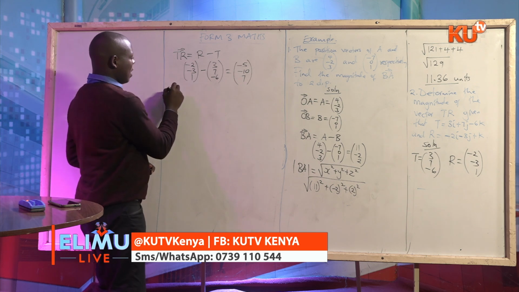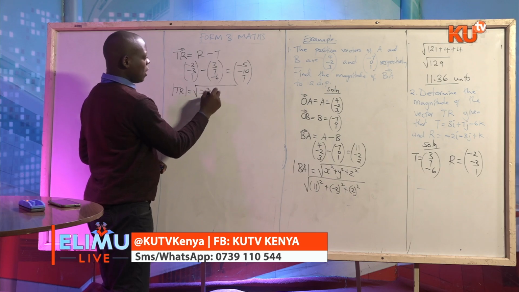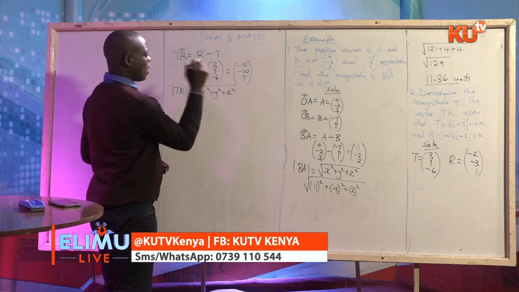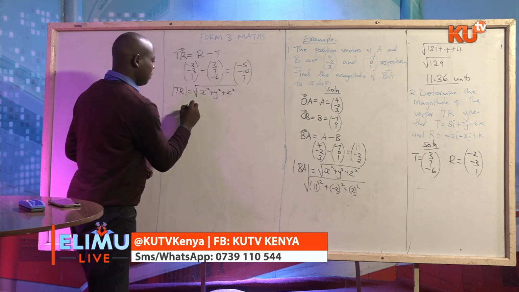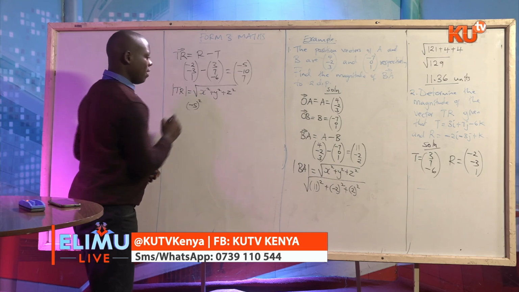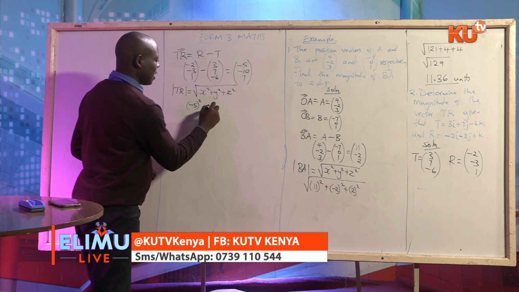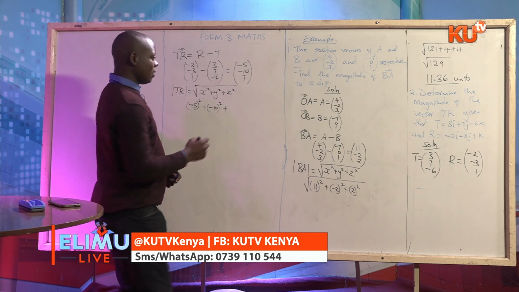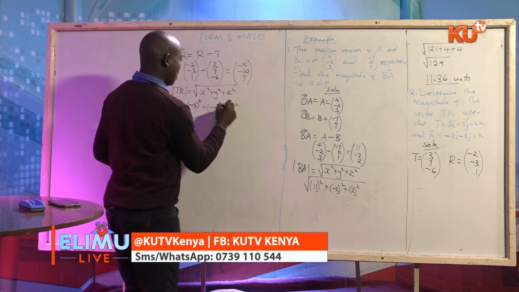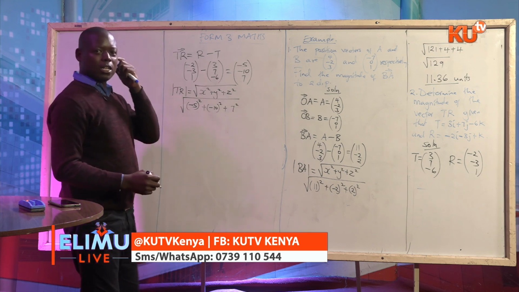Therefore, we'll say our TR, which is the magnitude, will be the square root of x squared plus y squared plus z squared. So let's have negative 5 squared, plus negative 10 squared, plus 7 squared. Then we find the square root.